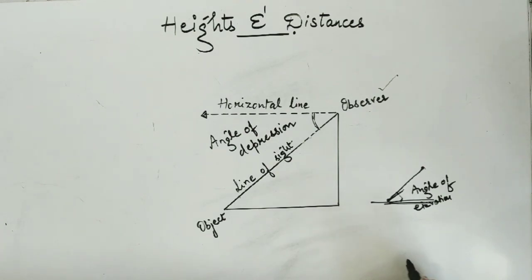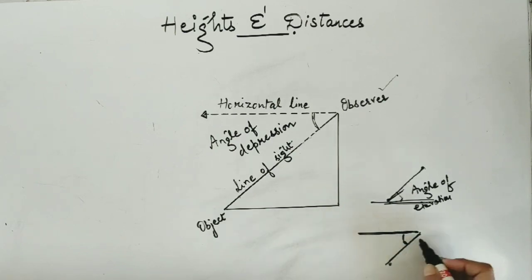And angle of depression, when would it be formed? When the observer has to look down, then the angle formed with the horizontal. This is the horizontal, this is the line of sight. So this angle is the angle of depression. I'm sure this must be clear to everyone.